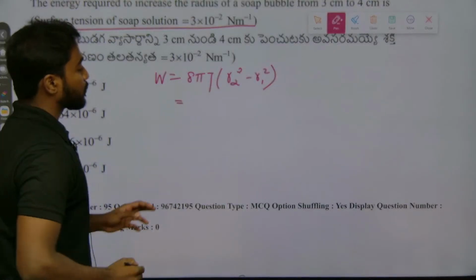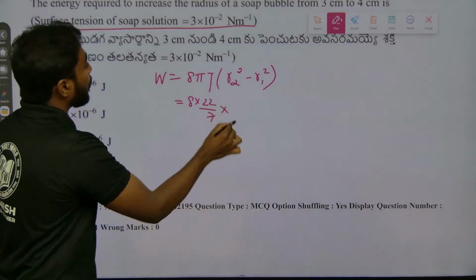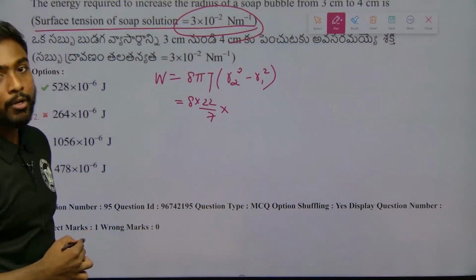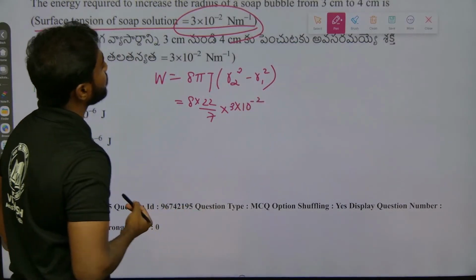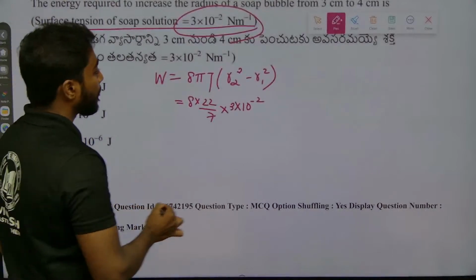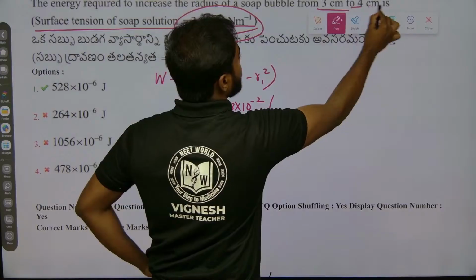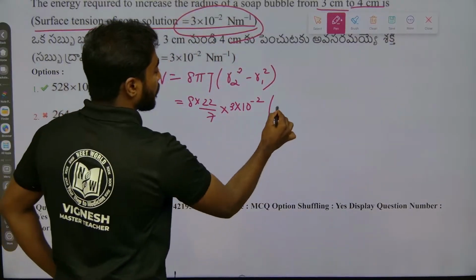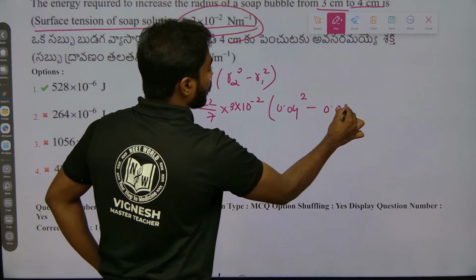So I can substitute the values. 8 into 22 by 7 into, what is the tension given here? 3 into 10 power minus 2, right? It is given in centimeters, so I need to change it into meters. So 0.04 square minus 0.03 square.